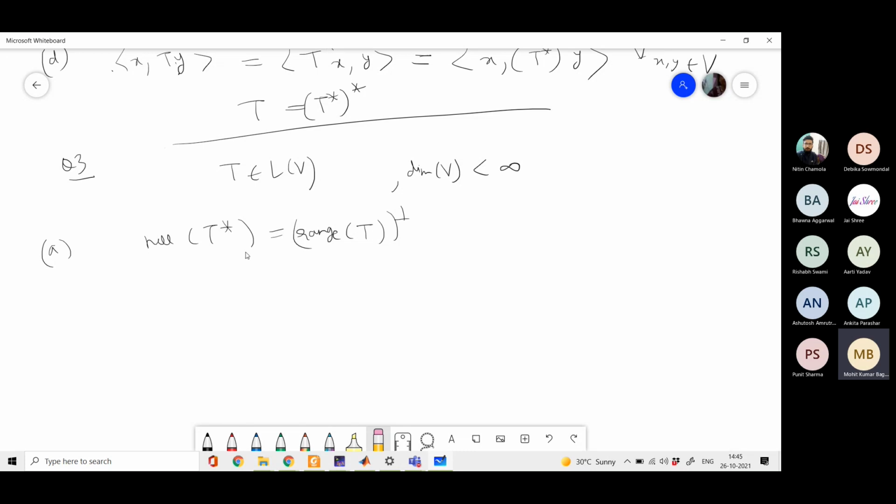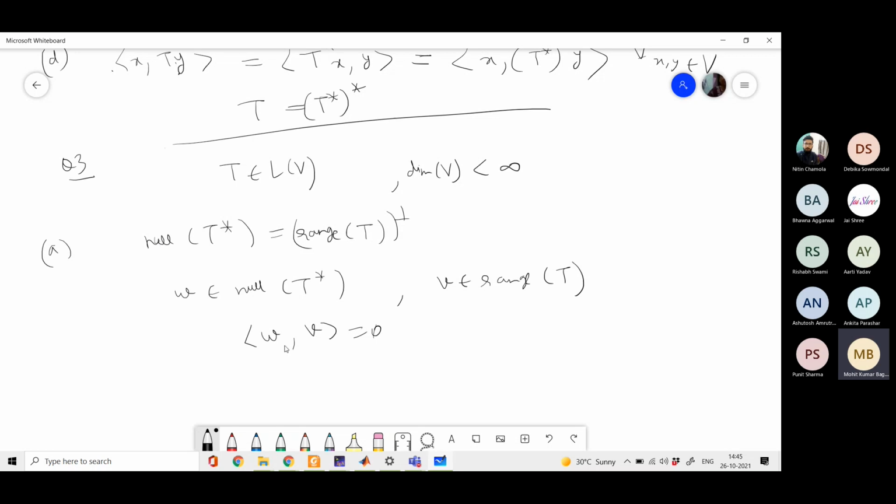But earlier, in the last question of the last sheet, what we have done is: take W in the null space of T and V in the range space of T, then if we are able to show that the inner product is 0 for every W in the null space of T* and every V in the range space of T, then this holds, right?